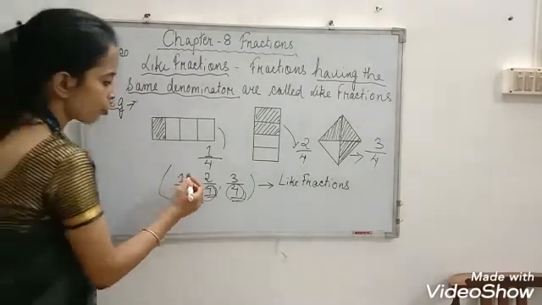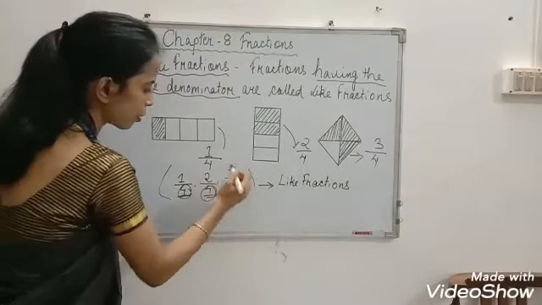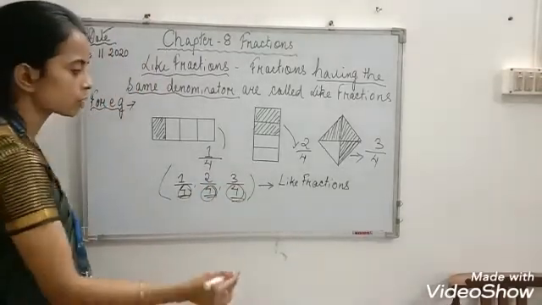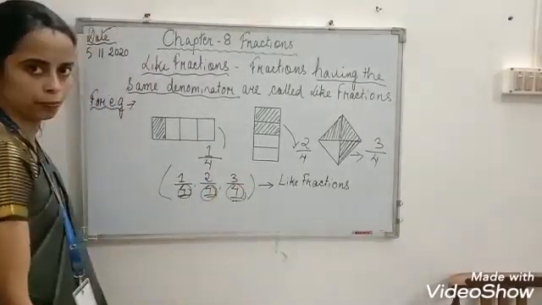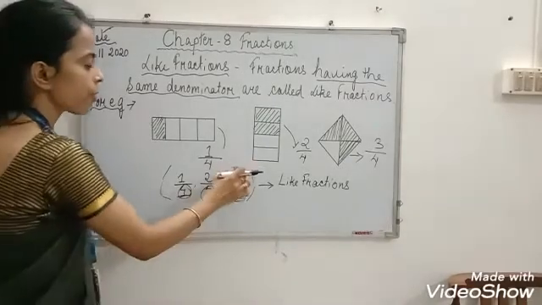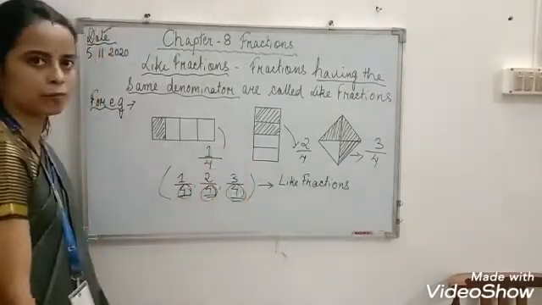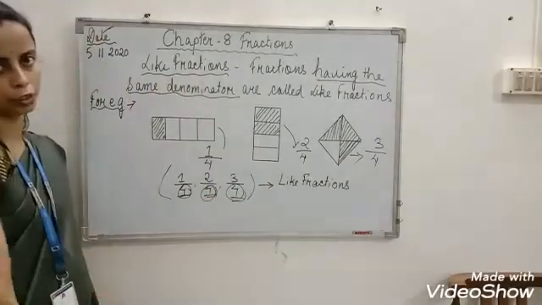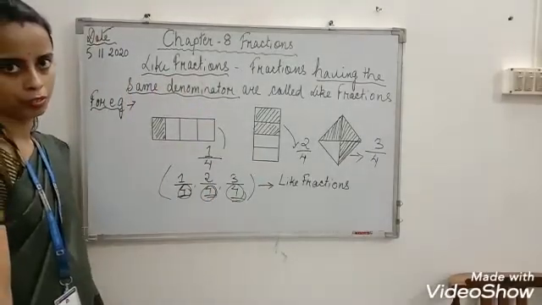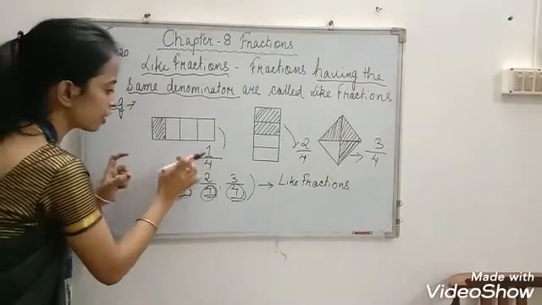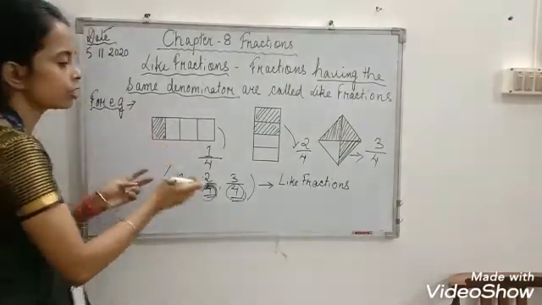Clear? So 1 by 4, 2 by 4, 3 by 4. If I ask you which one is the greatest, the fraction having the greater numerator is the greatest fraction, and the fraction having the smallest numerator is the smallest one.